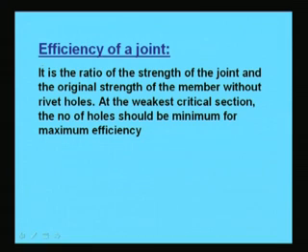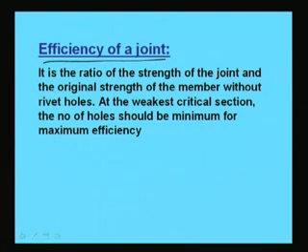Another term which we use in the design of a joint is the efficiency of the joint. Efficiency of a joint means: when the joint is made with the provision of rivets, what is the strength of that joint, and if we do not provide the rivet, meaning we do not make the hole, what was the strength of that section.